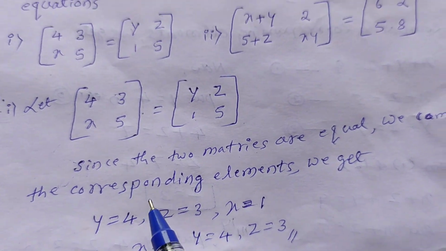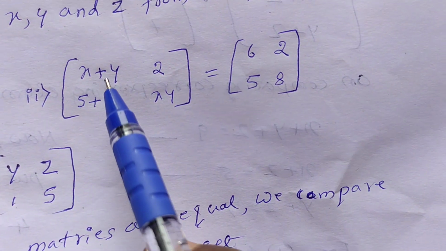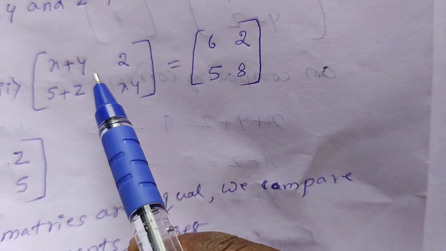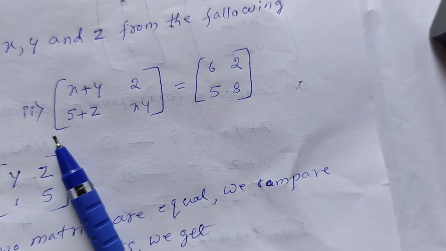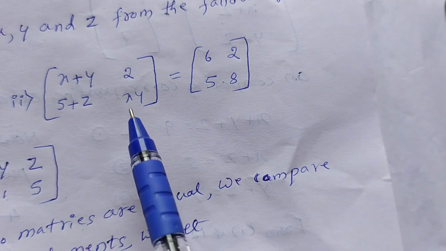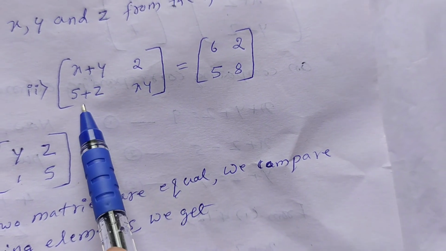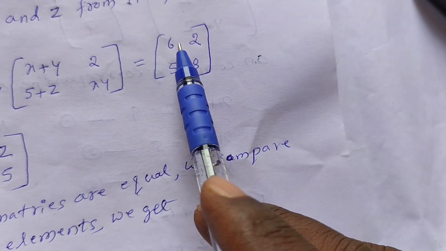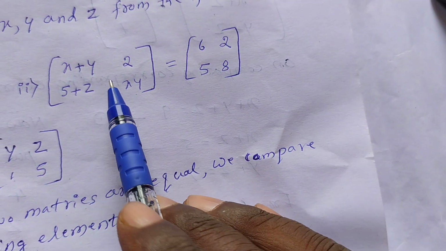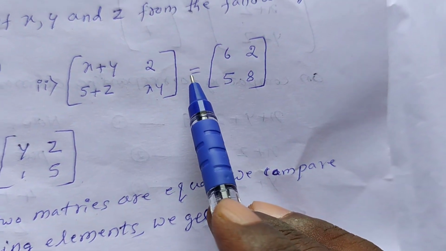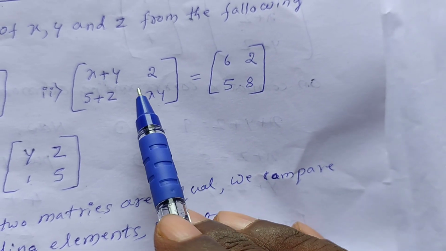Similarly, we can solve the second example. The second example is like this: the matrix [x+y 2; 5+z xy] equals [6 2; 5 8]. These are the two given matrices, and these two matrices are equal. Here the symbol represents that the matrices are equal.